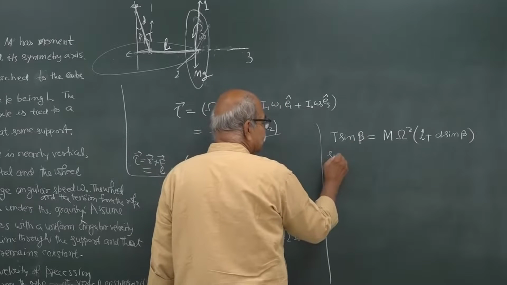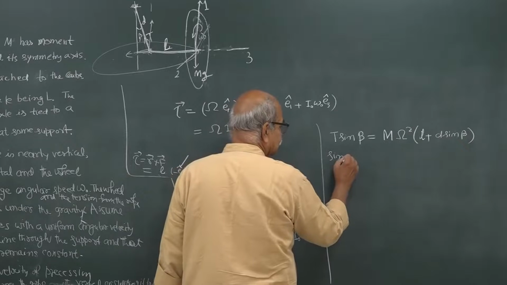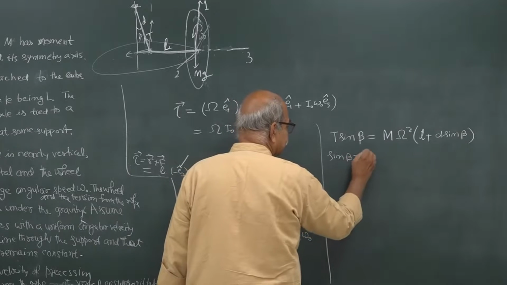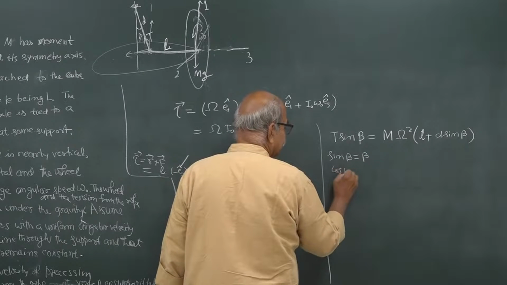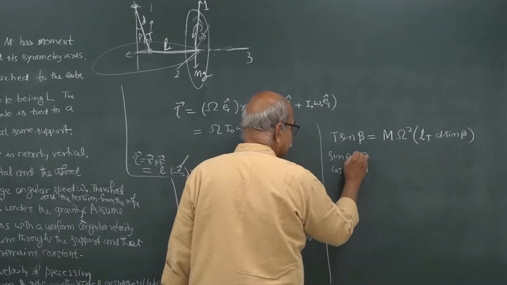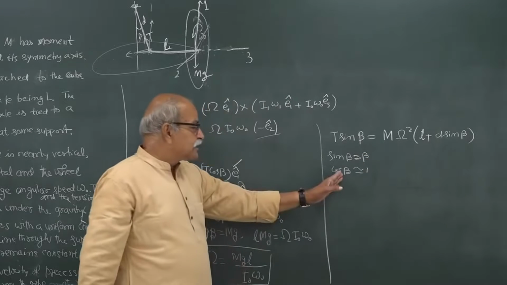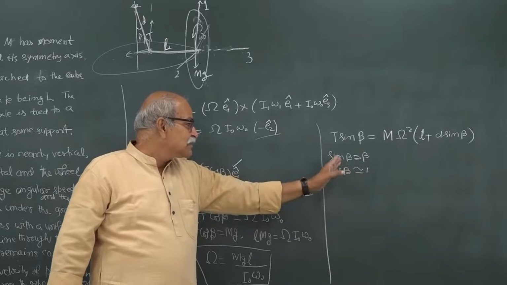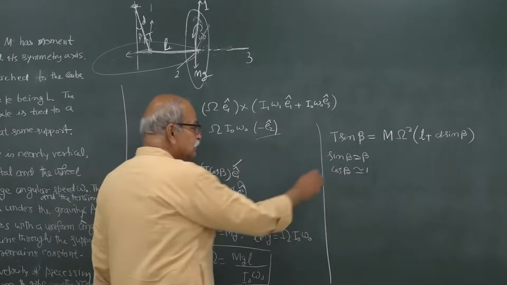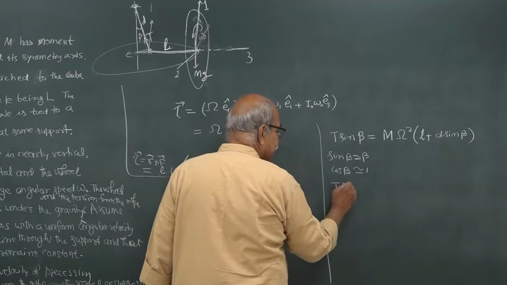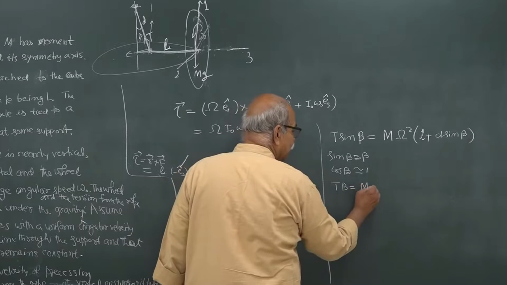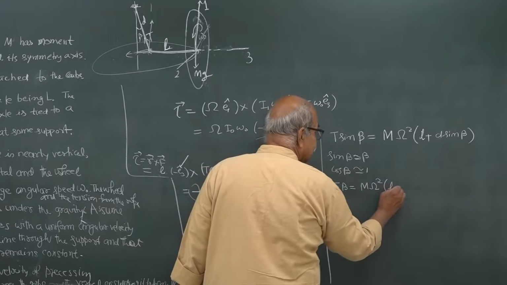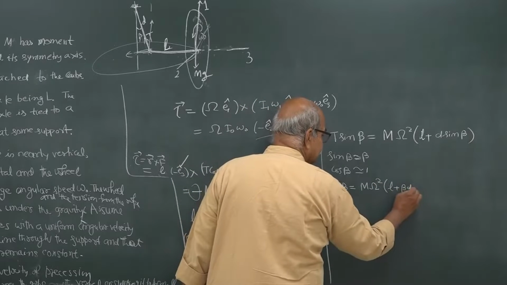But let me use this approximation. Sin beta is beta and cos beta is 1. Remember, cos beta is 1 minus beta square by 2, that is why we can take it as 1 if beta is small, and sin beta is beta. Then this becomes T times beta is equal to m omega square times L plus beta times d.